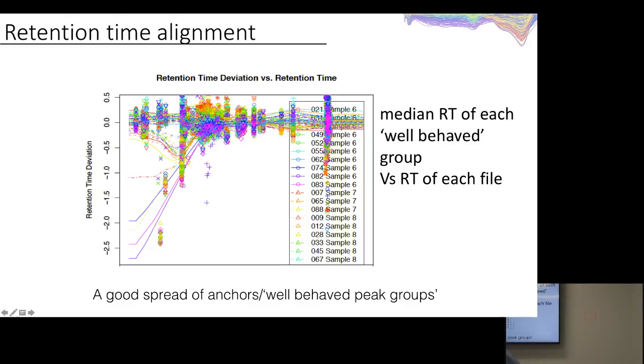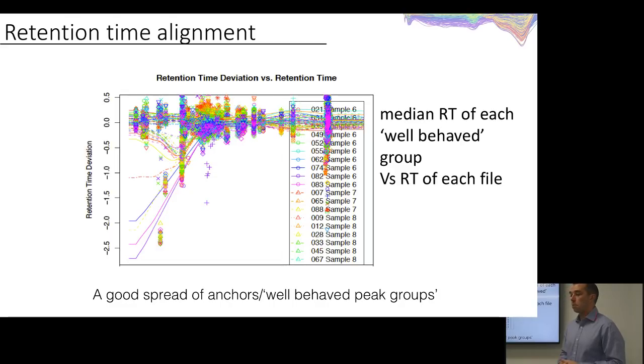And what's really nice and important to see here is that you have a good spread of those anchors across that entire retention time area. They're not just grouped on one side, and they're not grouped on the other side. If they were grouped on the beginning and at the end, then of course what you would really have is a linear alignment between those 2 points, and that's not what you want. The more groups you have, the better your spread is going to be.